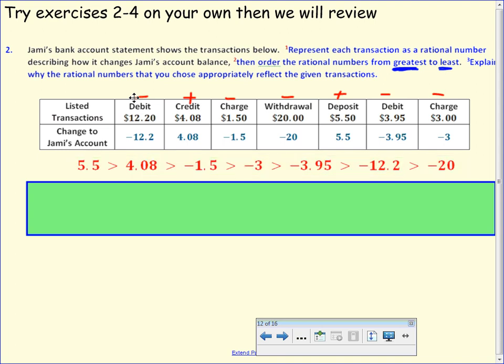So here are the integers written from greatest to least. So check to make sure that you have your inequality statement written correctly.